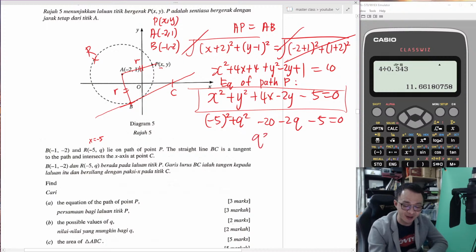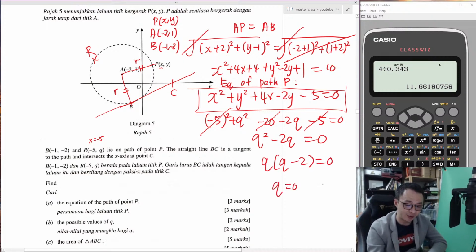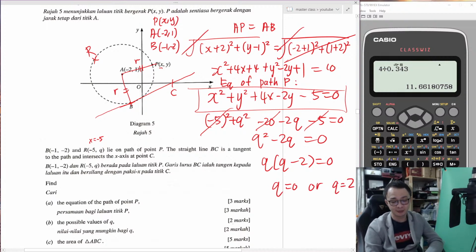Then I just solve this quadratic: Q squared minus 2Q equals 0, so Q equals 0 or Q equals 2. I hope I didn't make any mistake here.